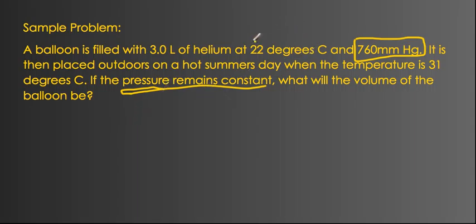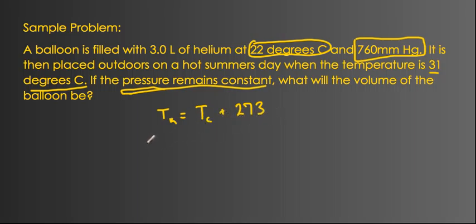Second, okay, my temperatures here, I'm going from 22 degrees, okay, to 31 degrees. But those are both in Celsius, and I already learned before that my temperatures need to be in kelvins. So the next thing you need to do, okay, is convert those. So remember, the Kelvin temperature is equal to the Celsius temperature plus 273.